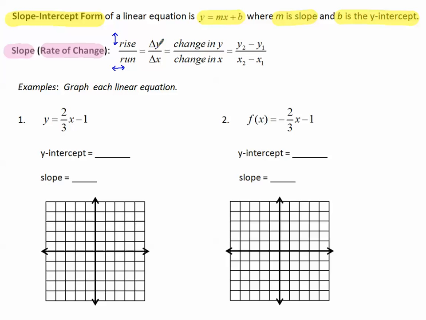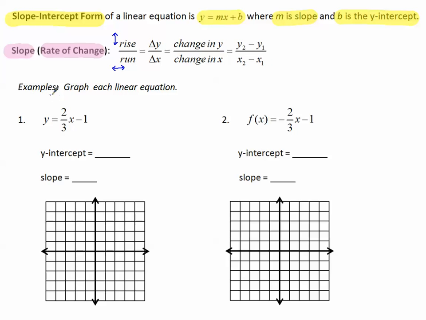This is called delta y, or the change in y, over delta x, or the change in x. That's how we will say it, change in y over change in x. This is our formula that shows the change between two y values over the change between two x values, y2 minus y1 over x2 minus x1.